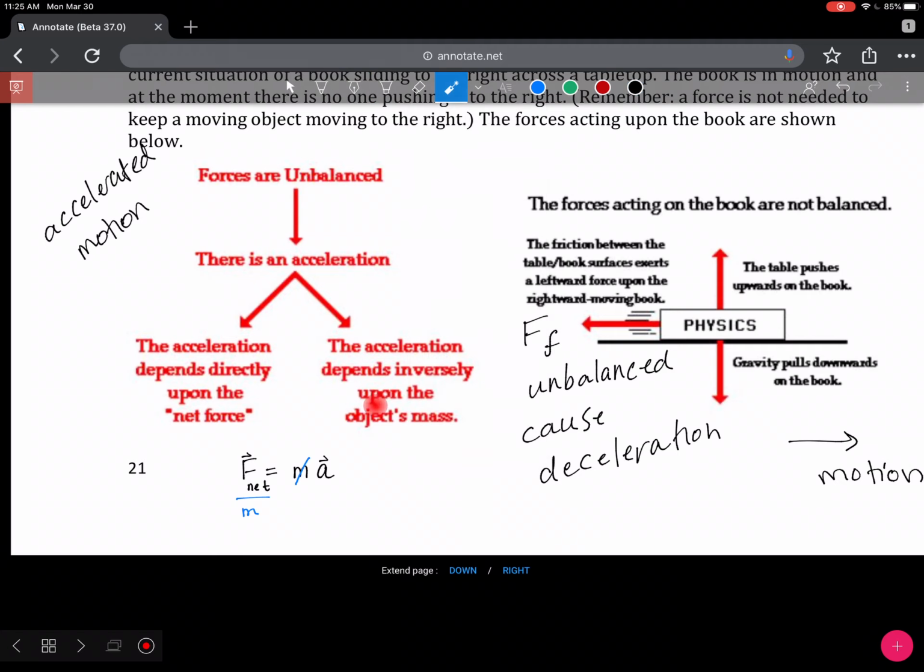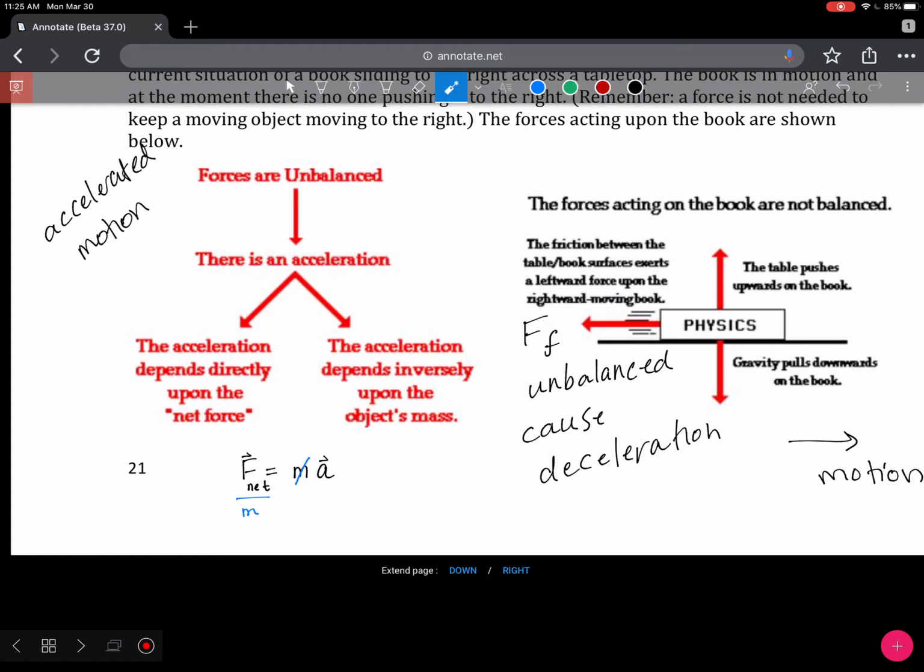Now, this second thing here says that the acceleration depends inversely on the mass. So, for example, if I want this acceleration to go up, then this mass has to go down. And inversely, if I want acceleration to go down, then the mass needs to be higher. This is an easy thing to think about.